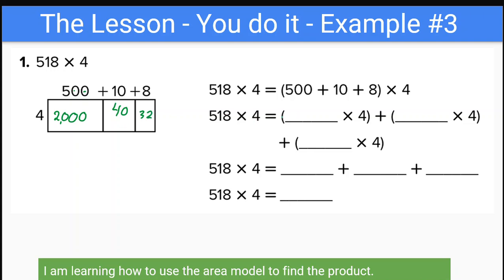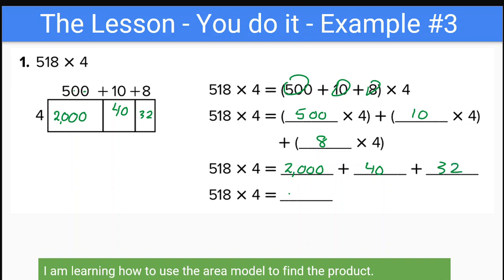So right here, they wanted you to go something times 4. Well, that's 500 times 4, plus we had 10 times 4. Okay, right here, right? We went 500 times 4, 10 times 4, and then 8 times 4. All right, well, we said that each one of these, 518 times 4 equals 2,000 plus 40 plus 32.